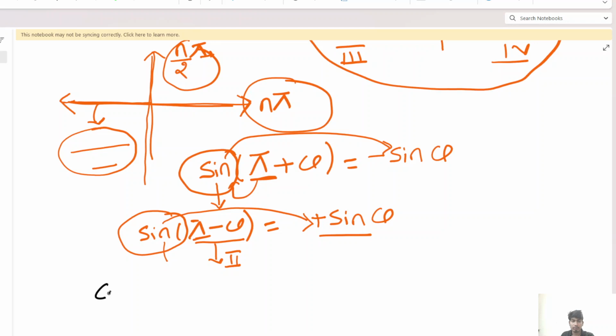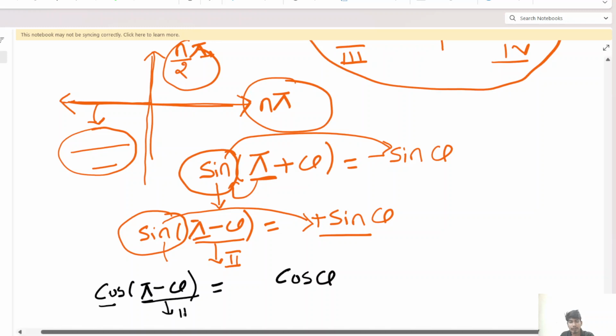Next is cos of pi minus theta. On pi the function remains cos and this remains theta. Pi minus theta is in the second quadrant, where cos theta is negative, so this is minus cos theta.